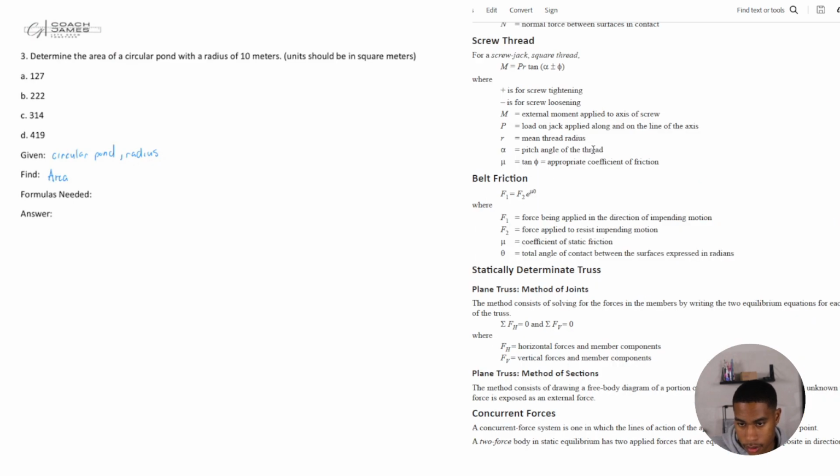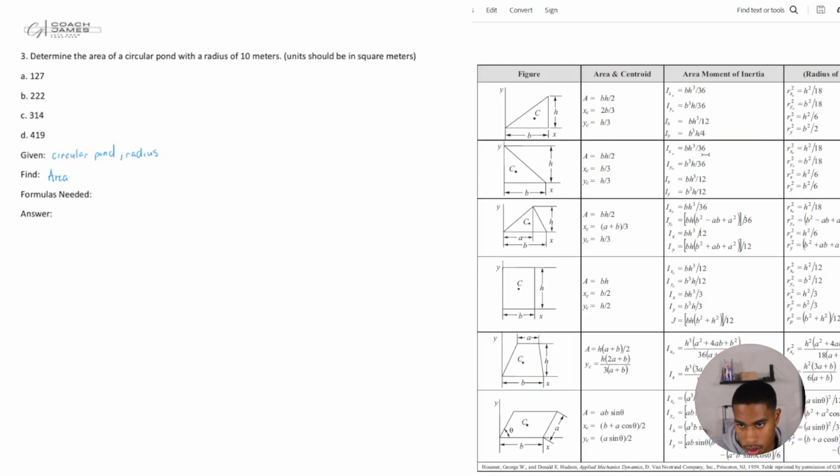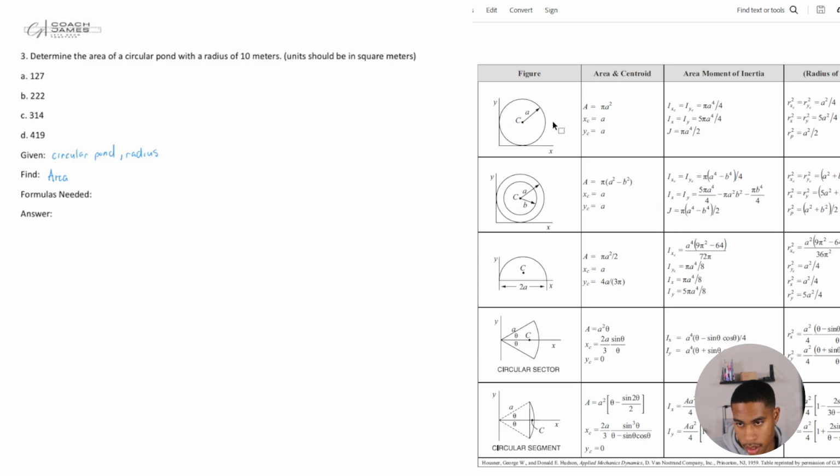What's the area of a circle? I know the area of a circle, but just in case you don't: pi A squared, where A is R, our radius. So we know that the formula needed is pi r squared, equal to the area of a circle.